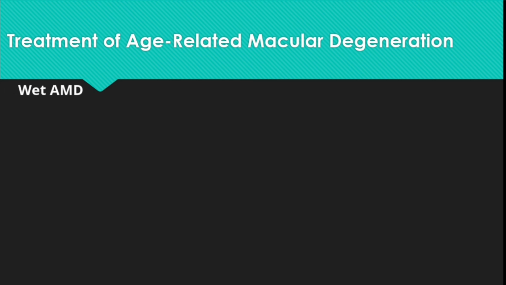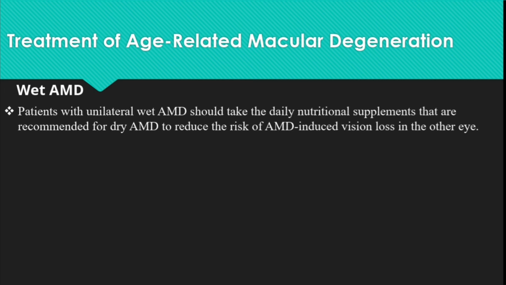How do we treat the wet form of age-related macular degeneration? Patients with unilateral wet AMD should take daily nutritional supplements that are recommended for dry AMD to reduce the risk of AMD-induced vision loss in the other eye.